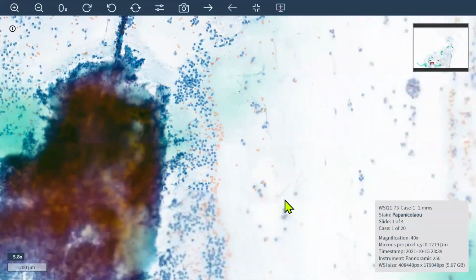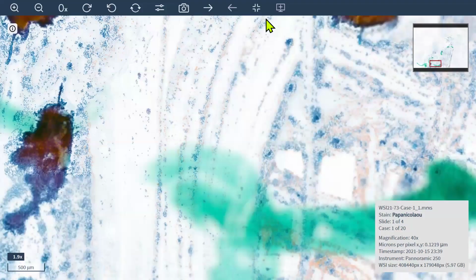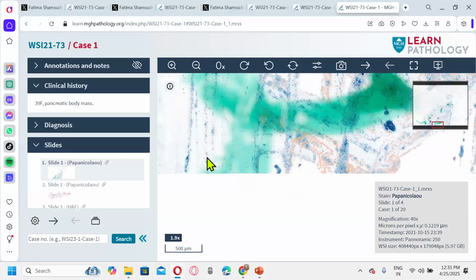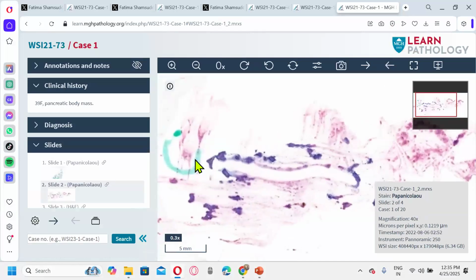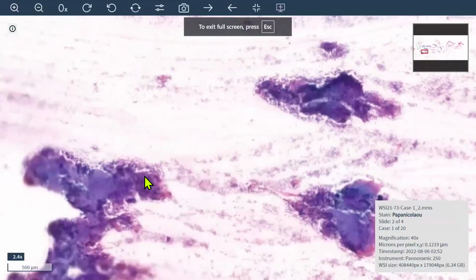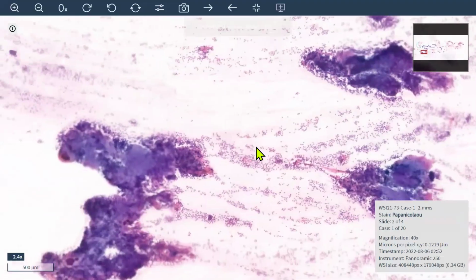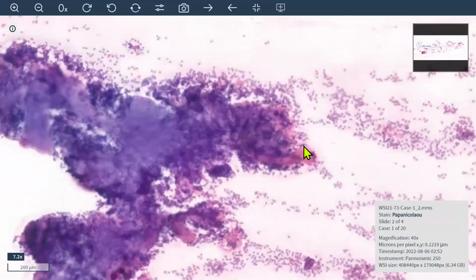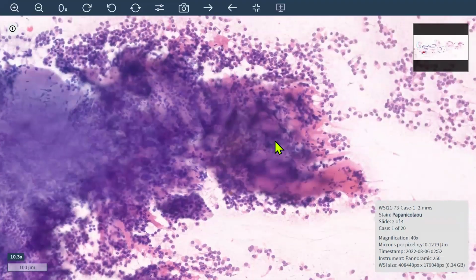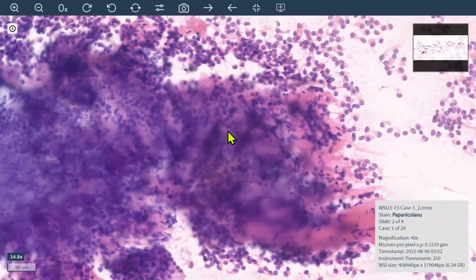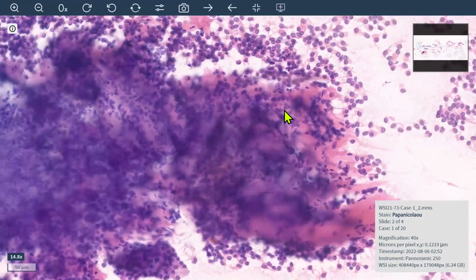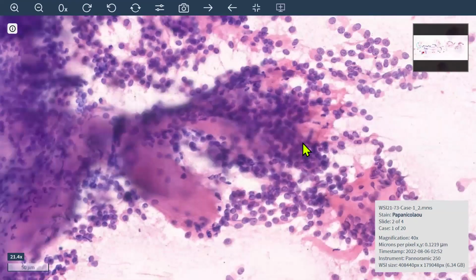It's a 39-year-old female with a tumor. What is it? It's very straightforward, right? If you get it in a thyroid, what will you call it? A 39-year-old female with a mass in the pancreas. Tell me, what is the diagnosis?